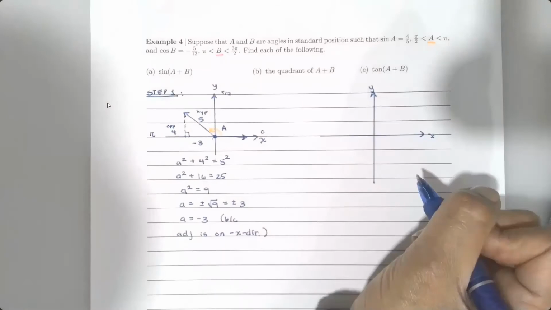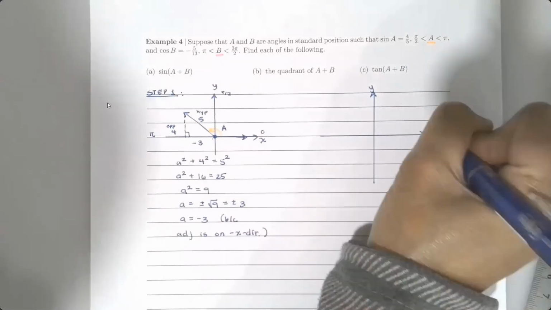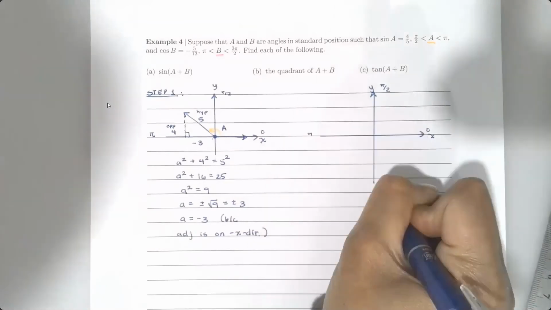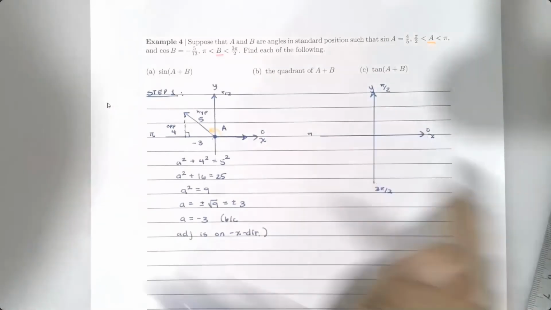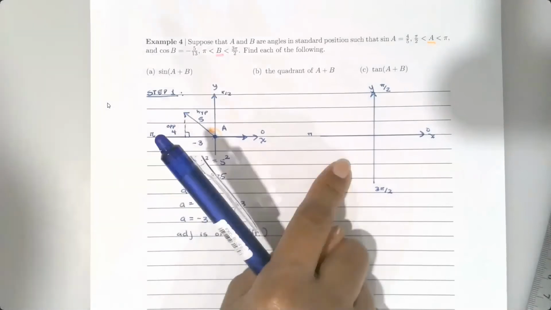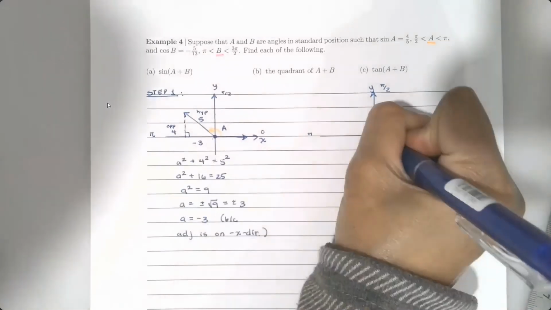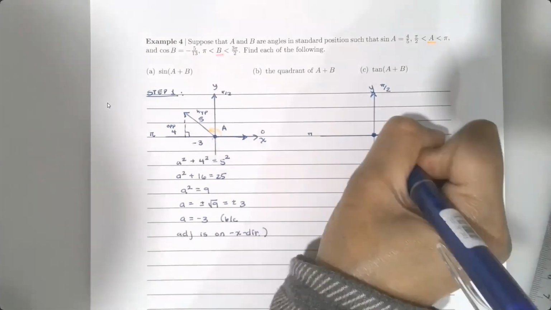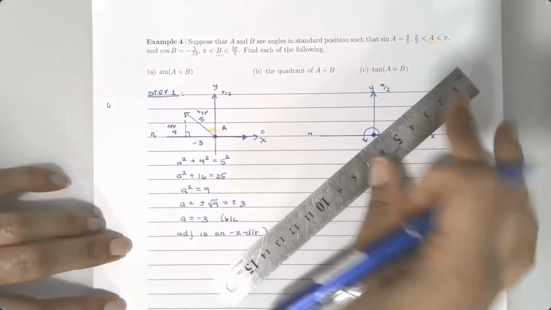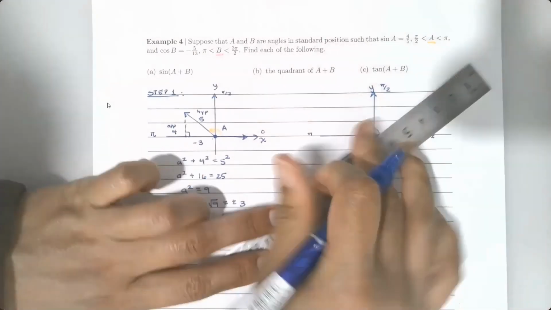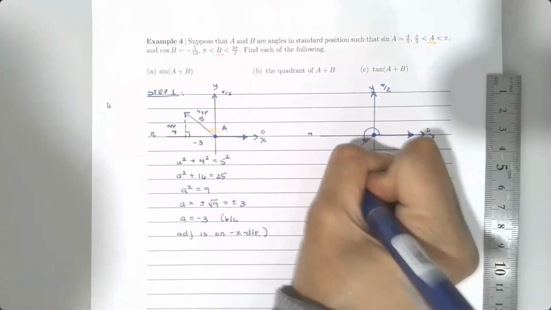Quadrant 3, yep, good, because this is 0, pi over 2, pi, 3 pi over 2. So if it's between pi and 3 pi over 2, we're down here in this area in quadrant number 3. Right, so it's going to be vertex at the origin, initial side on the positive x-axis, and then terminal side will be somewhere down here.